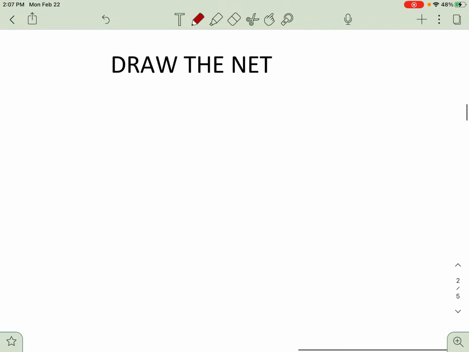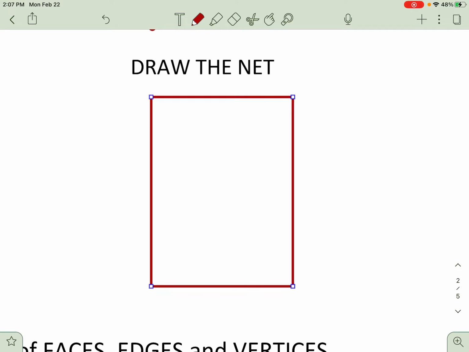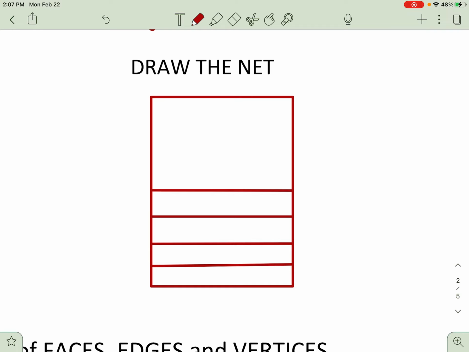So draw the net. Well, you've got the 8 rectangles that connect the 2 bases. So we're going to draw 4 and 4. There's your 8.